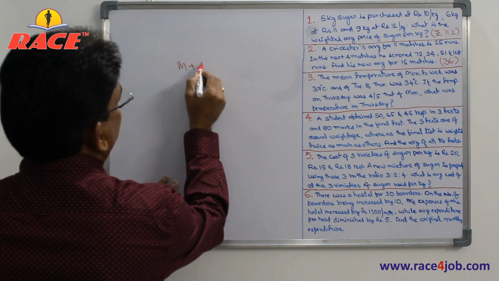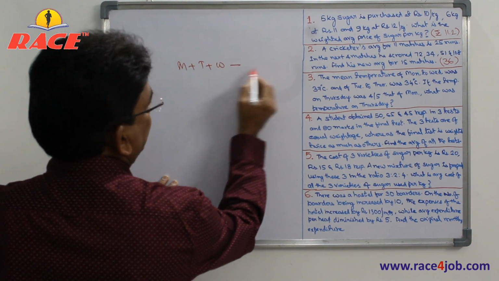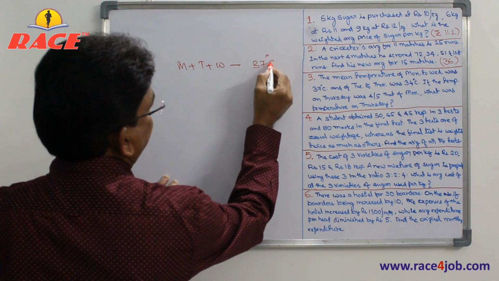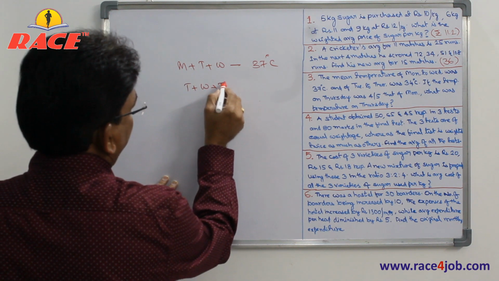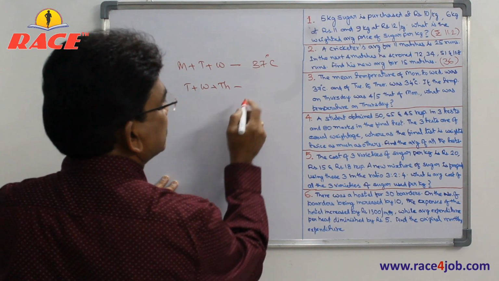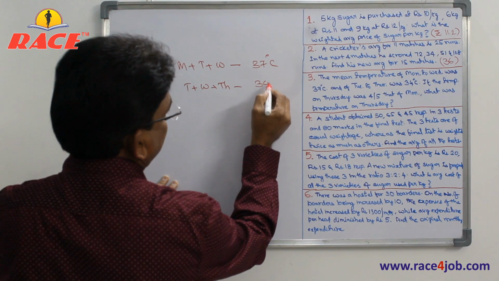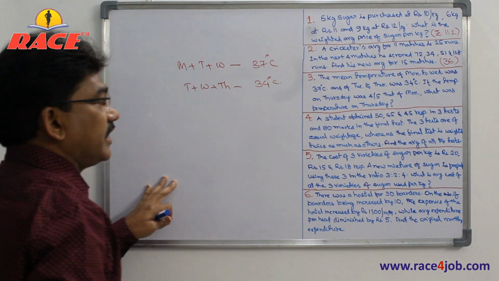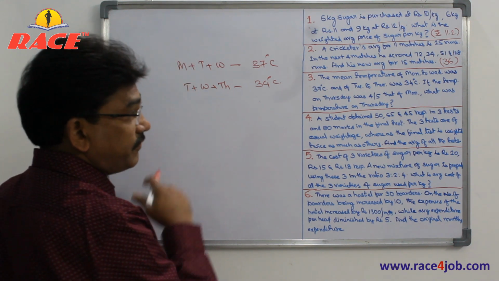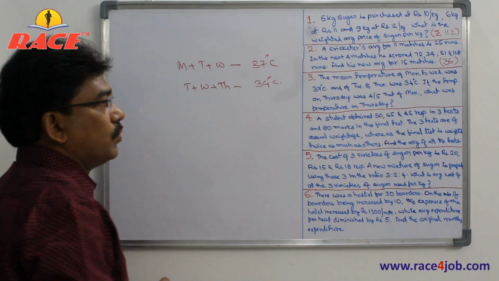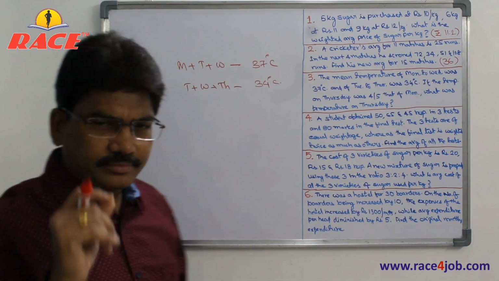Monday, Tuesday, Wednesday, average temperature he has given 37 degrees. Tuesday, Wednesday and Thursday, average he has given 34 degrees. And he said Thursday's temperature was 4/5 of Monday. What was the temperature on Thursday?